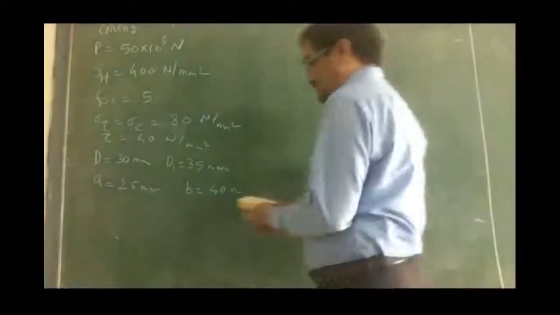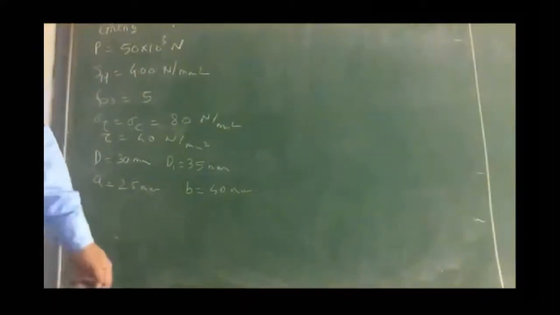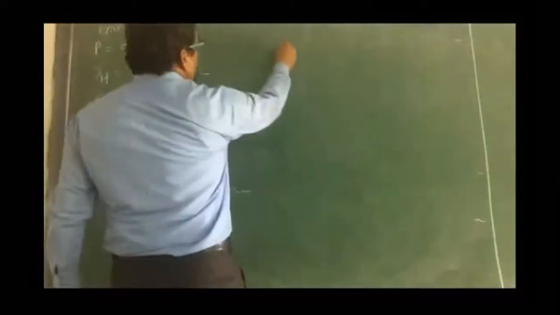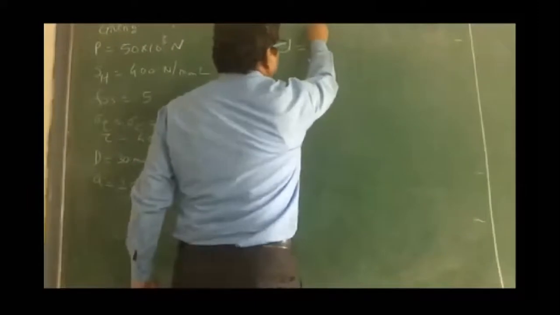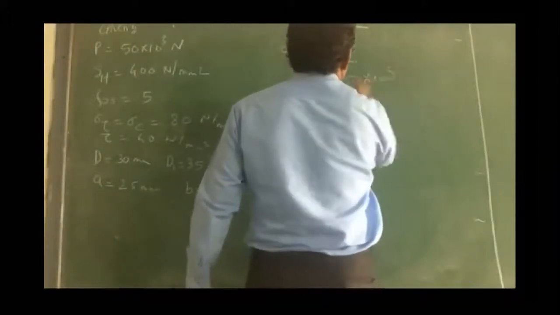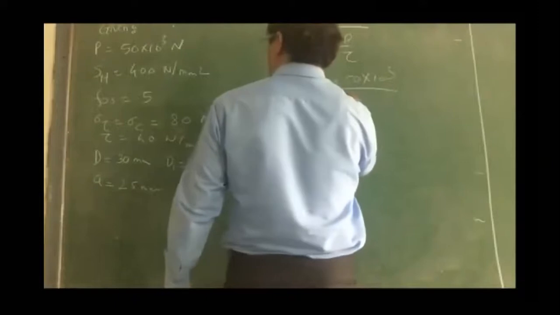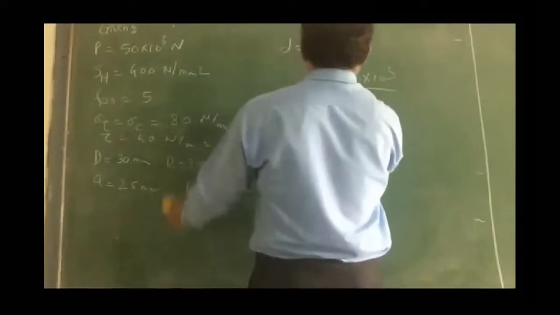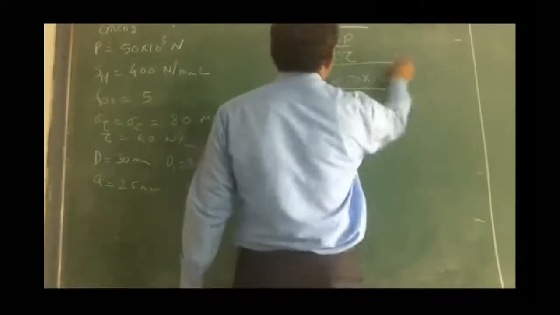Now what is the next step? We got D, we got D1, we got A, we got B. Now the next stage is to calculate d. For d, there are two formulas. One is for failure by shear, and one is for failure by bending. For shear, d is the root of 2P upon pi tau. Now P is 50 into 10 raised to 3, and tau is 40.